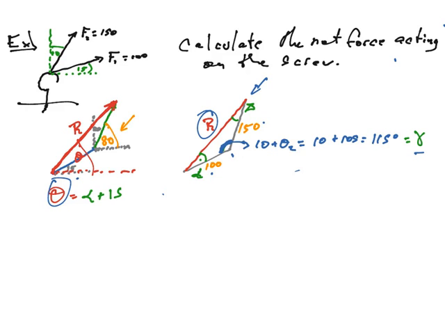If I want to solve for alpha, then I need alpha's side, A, which is this 150, it's the one opposite. Then I also need another side and that side's angle. Well, I do have another side, this 100, but I don't know beta, which is 100's angle. I do know gamma, but I don't know gamma's side length, which is R. So all of this is telling me I don't have enough information to use the law of sines.